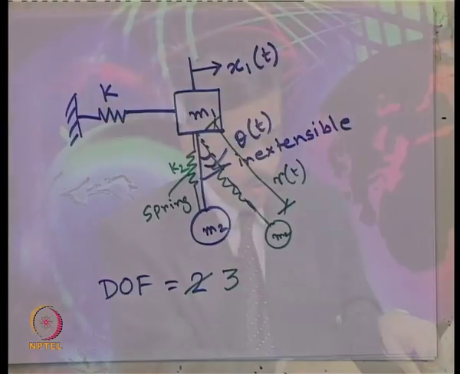So, that way we have to find out how many independent coordinates are involved in any system when we are handling dynamic loading acting on the system, to define its position at any point of time.